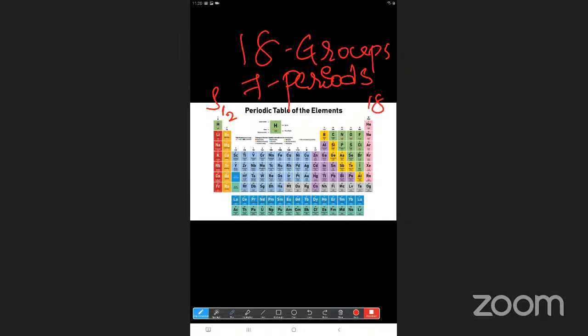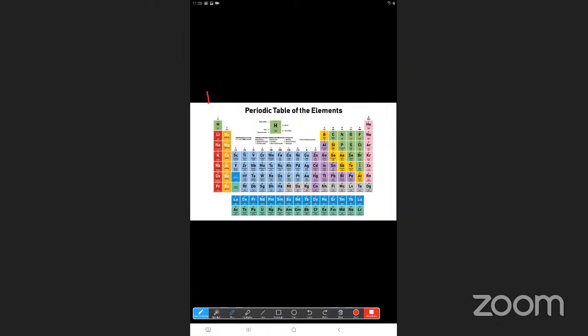The first group elements are also called 1A group elements, and the second group are called 2A group elements. The middle portion, that means the D block, consists of all the B group elements. This is the third B, fourth B, fifth B, sixth B, seventh B, and the eighth consists of 3 groups here. This is the 8th group, and 1B, 2B.